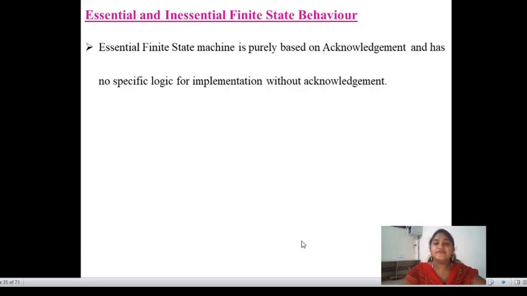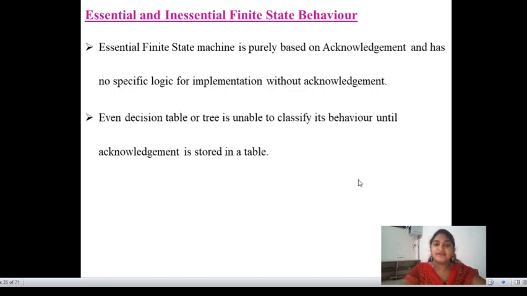There is no specific logic for an implementation without the acknowledgement. As I already told, without any specific intimation or confirmation, no acknowledgement will be received from one state to another state.